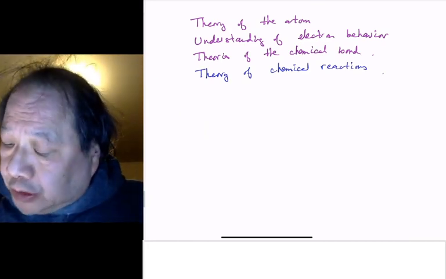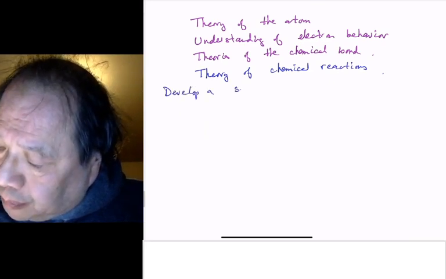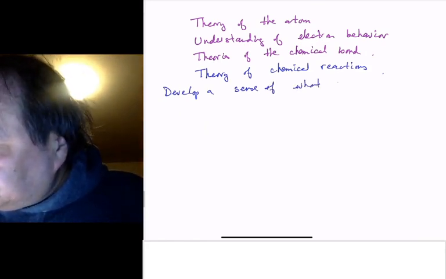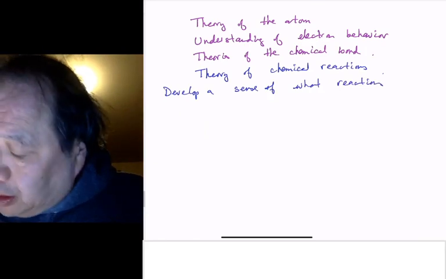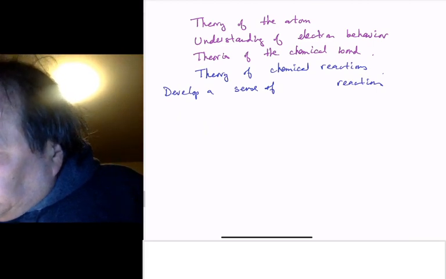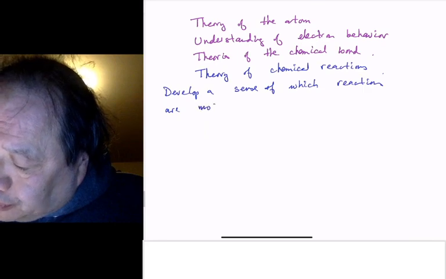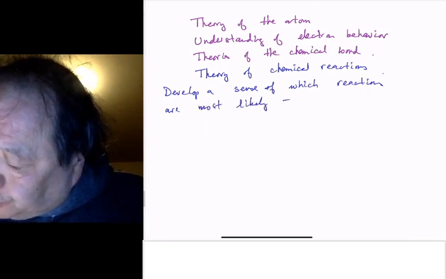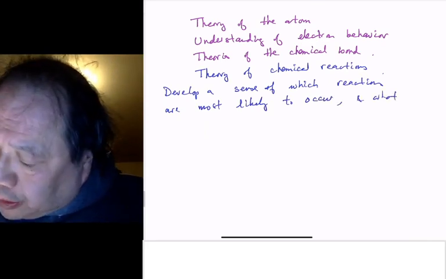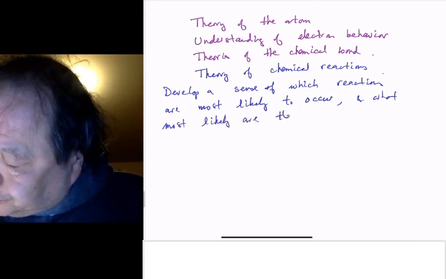What you'll learn in Chem 2070 is you'll develop a sense of which reactions are most likely to occur, and what most likely are the products of the reaction.